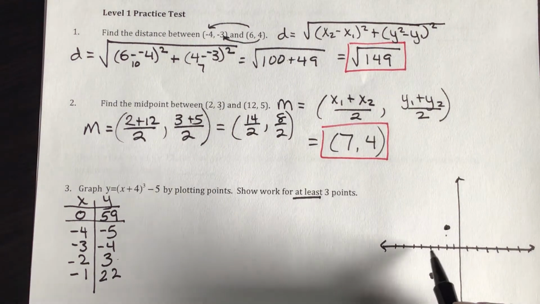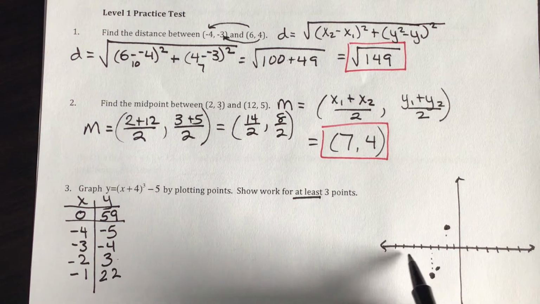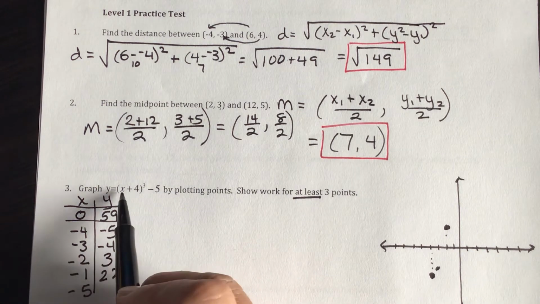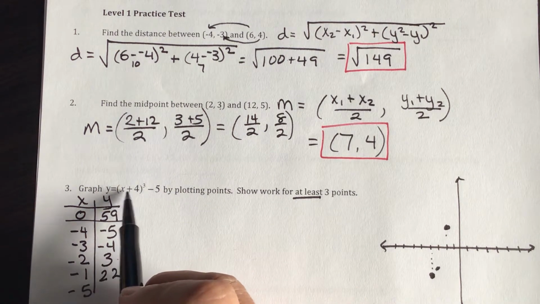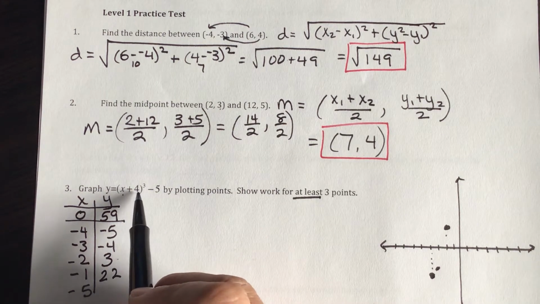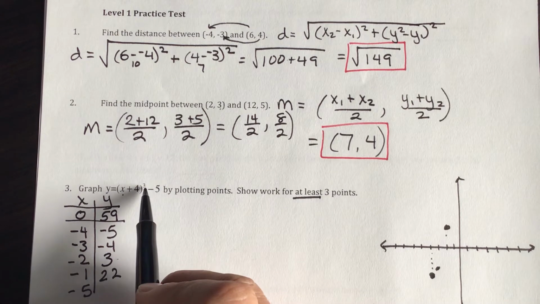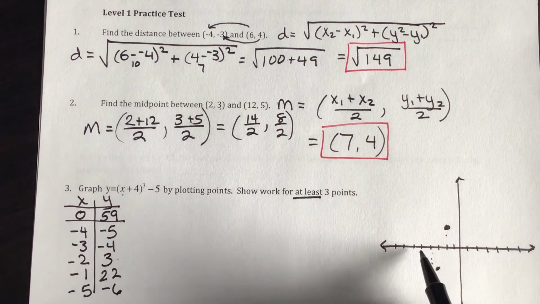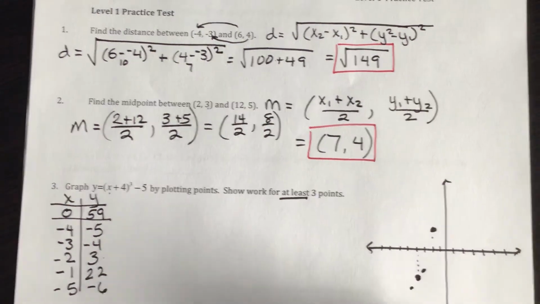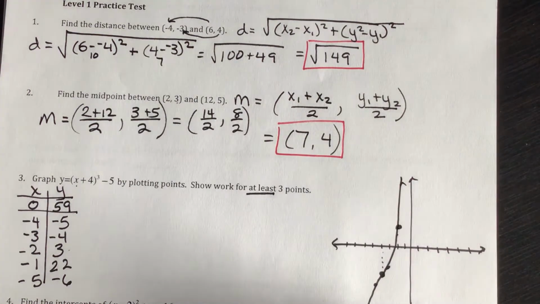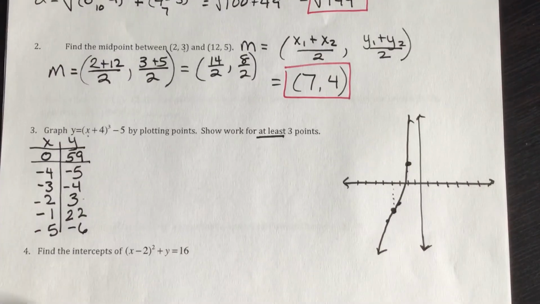And if I were to go to this side of -4, let's say I pick -5. -5 plus 4 is -1, sorry. -1 to the third power would be -1. Minus 5 is -6. So here I have something. My graph is actually going to look kind of like this.